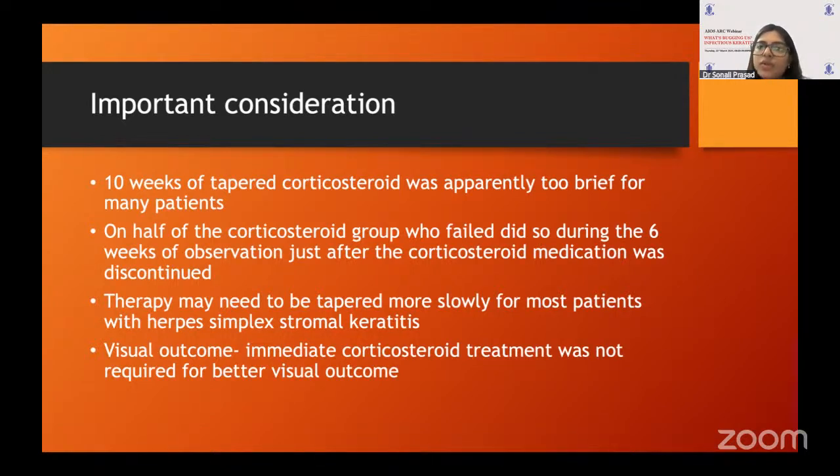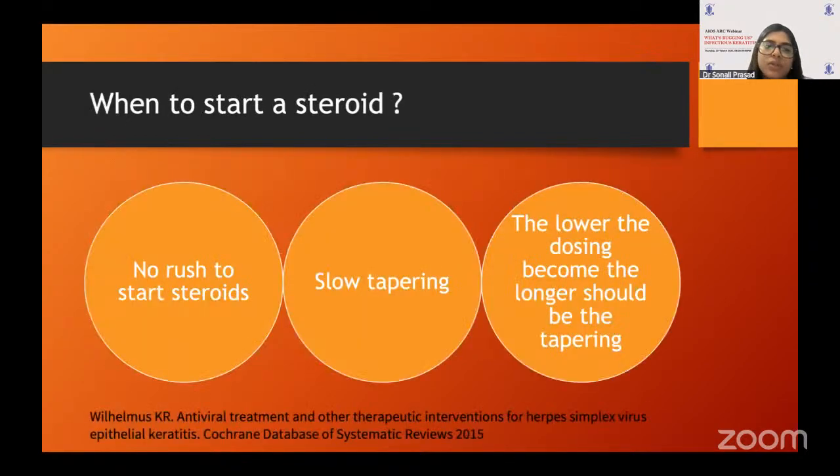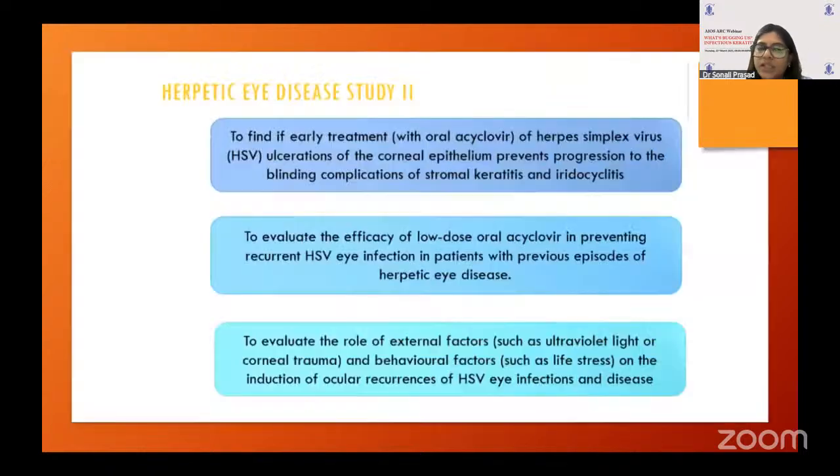The corticosteroid did not have any effect on the final visual outcome, so even if we started a little late, it would not hamper the final visual outcome. So taking tips from the HEDS 1 study, there was no rush to start steroids. A slow tapering should be done, and the lower the dosing becomes, the longer the tapering should be.